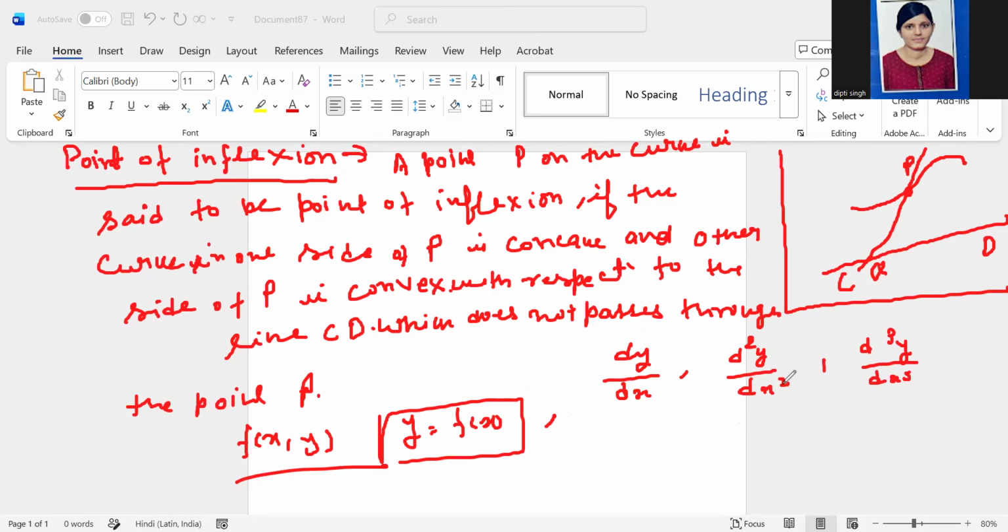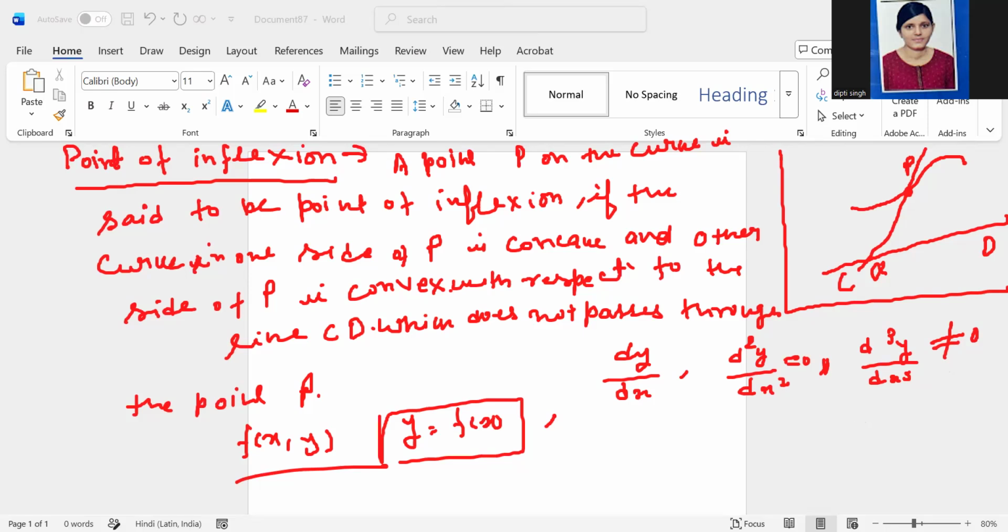For this, put the second derivative equal to 0 and find the value of x, and after that check the value of the third derivative. If it is not equal to 0, then these points are said to be points of inflection, otherwise not.